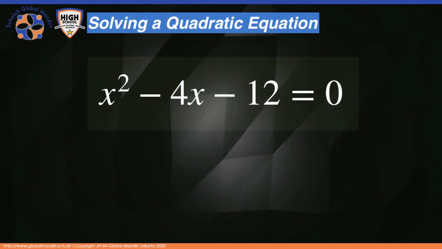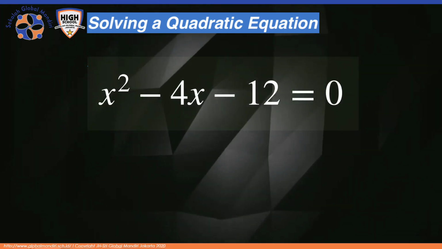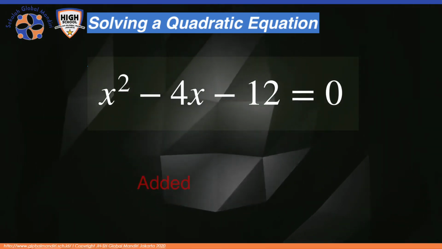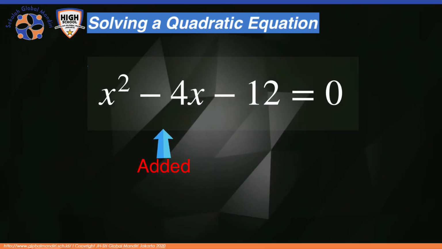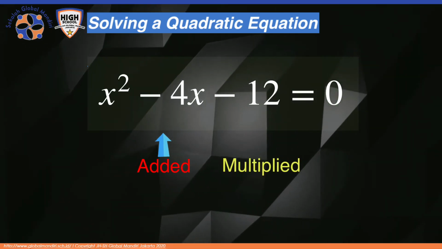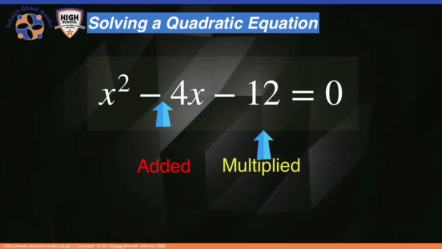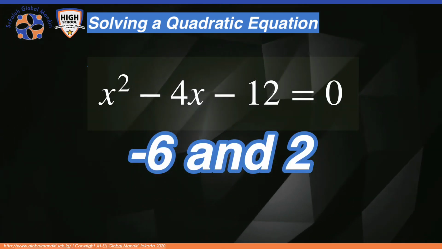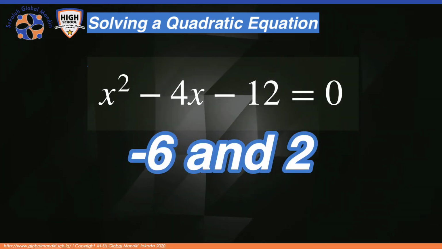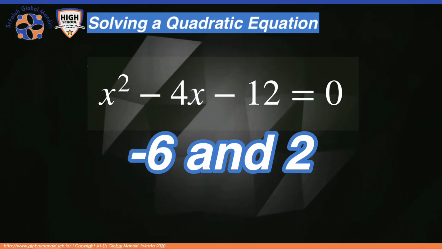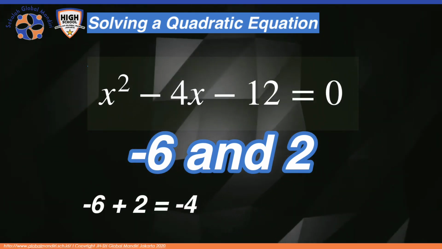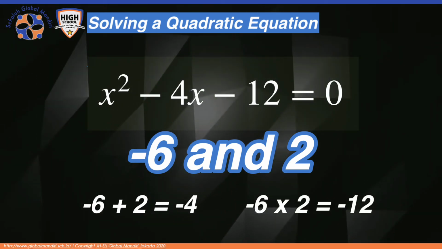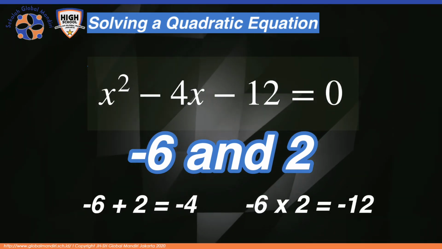Now look at the other example. x squared minus 4x minus 12 equals 0. We need to find two numbers that if we add them become minus 4, then if we multiply them become minus 12. Absolutely, that number is negative 6 and positive 2. Jika kalian ragu, kalian bisa mencobanya. Negatif 6 ditambah 2 adalah benar negatif 4, dan negatif 6 dikali 2 adalah benar negatif 12.